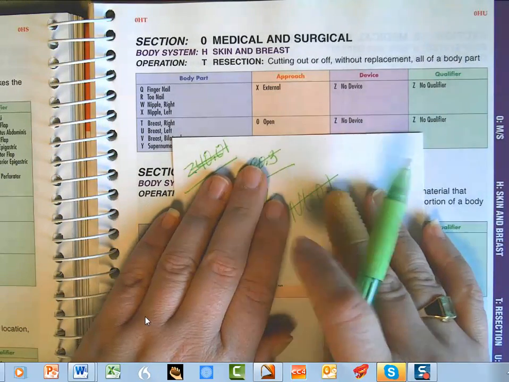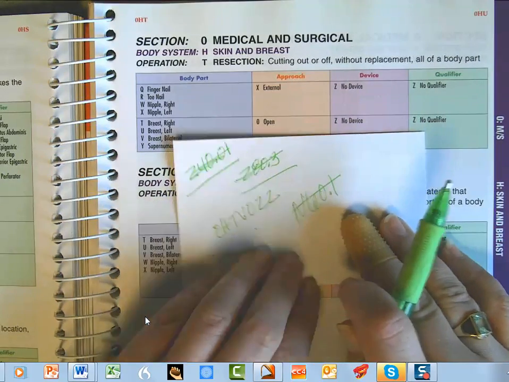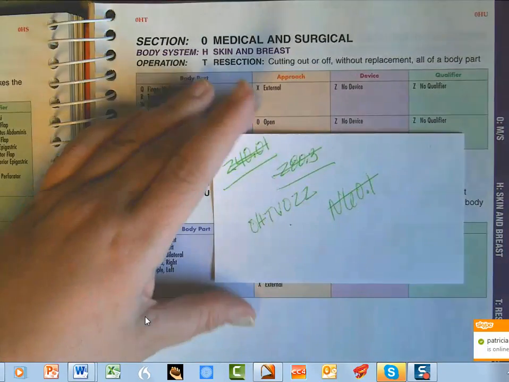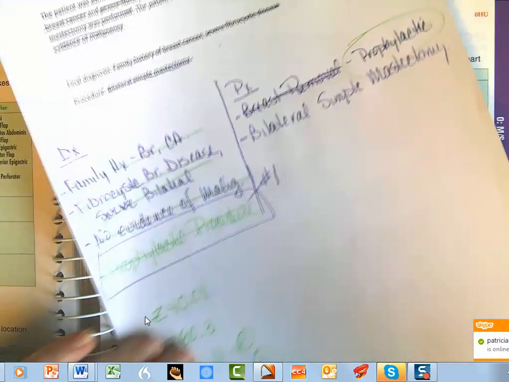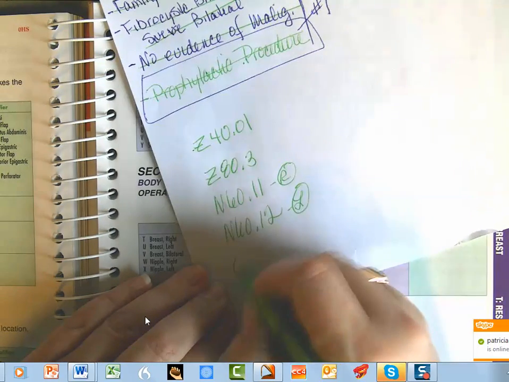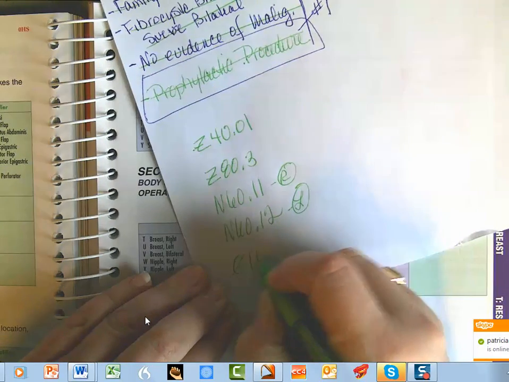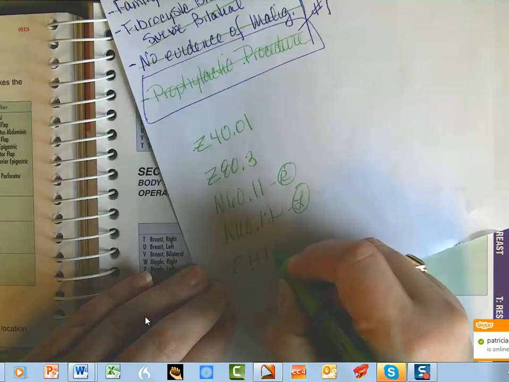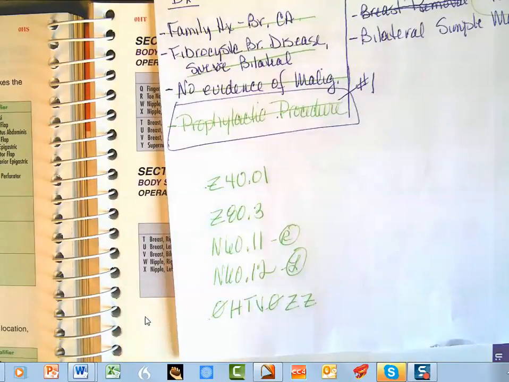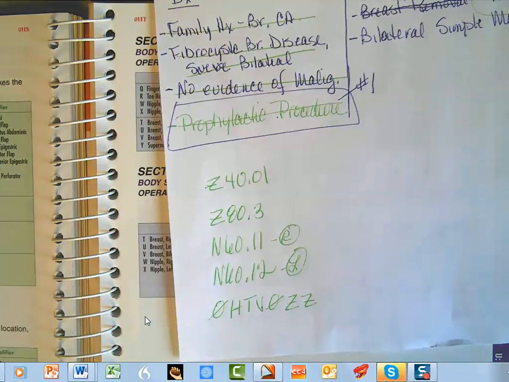There's no way you can do that endoscopically or percutaneously. And there's no device and no qualifier. So our procedure code is going to be 0HTV0ZZ.